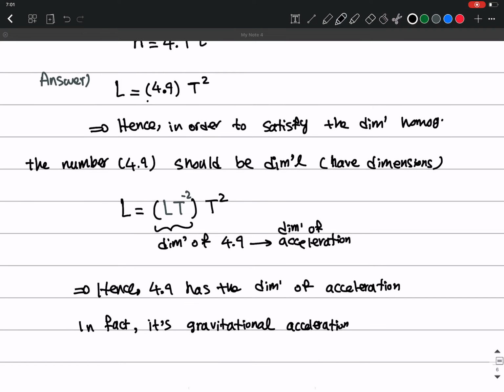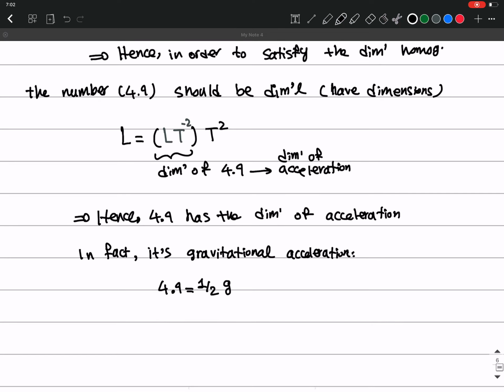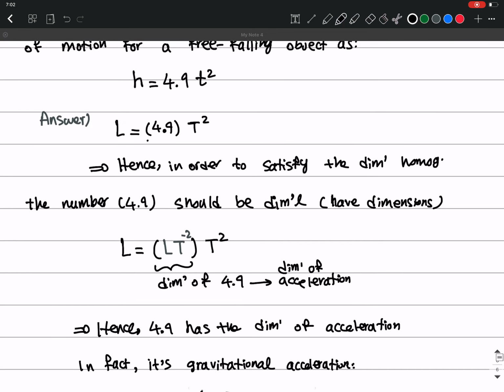And in fact, 4.9 equals one half of g, or gravitational acceleration. And this is something you should have studied during your physics course, because it's a free-falling object, correct? So this is how we were able to find the dimension of this number by using dimensional homogeneity.